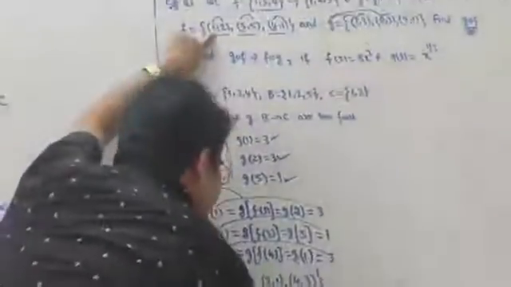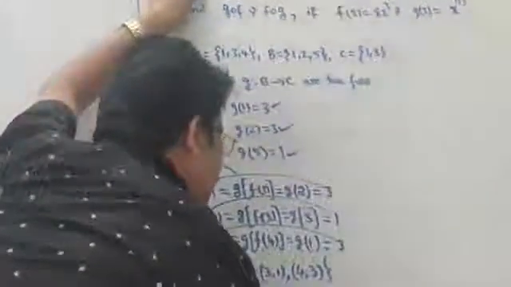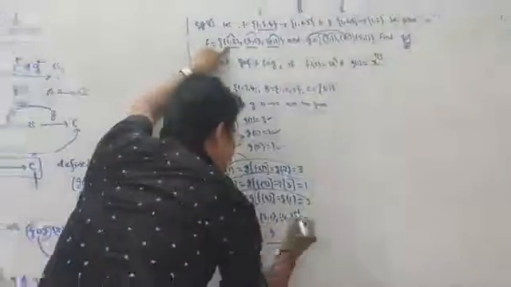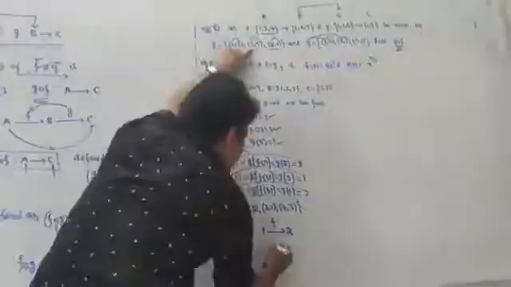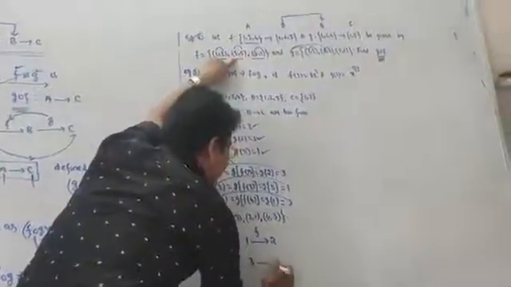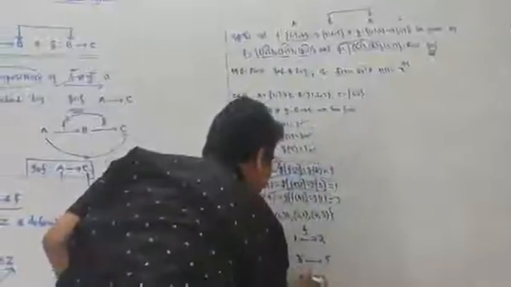Here you see F. We are talking about F. 1 is mapped with 2. 3 is mapped with 5. 4 is mapped with 1.